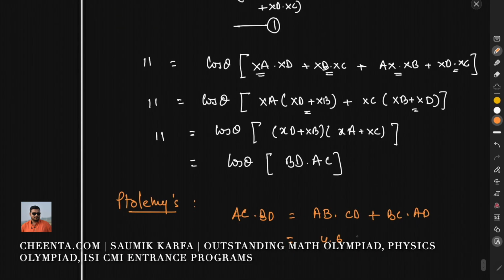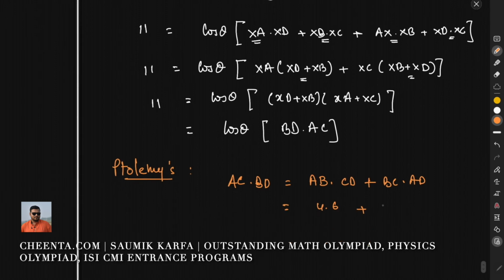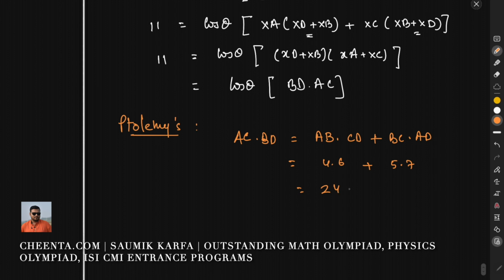So AB and CD were respectively 4 and 6. So 4 times 6 plus 5 times 7, since these were 7 and 5. So 24 plus 35, which makes it 59. So using Ptolemy's theorem, we got this value as 59, which makes cosine of theta become 11 over 59.